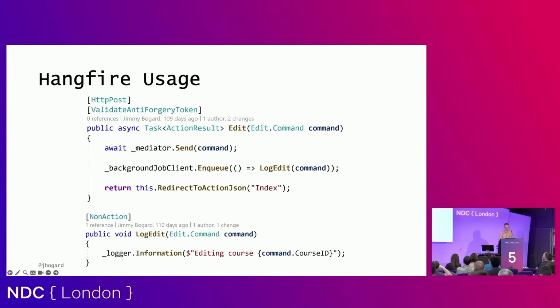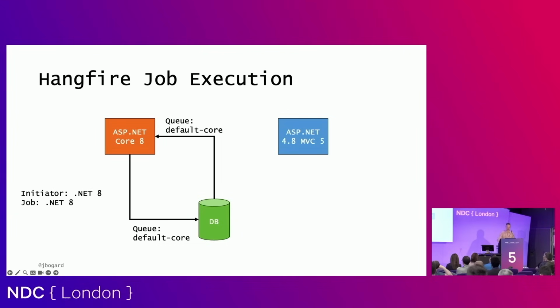So how we handle this is we split our queues between the ASP.NET Core application and the ASP.NET MVC5 application. The ASP.NET Core application would have a default-core queue. So if .NET 8 initiated and the job existed on .NET 8, it would use the default-core queue. But if the job existed on the other side, in the MVC5 application, then we'd just use the default queue.